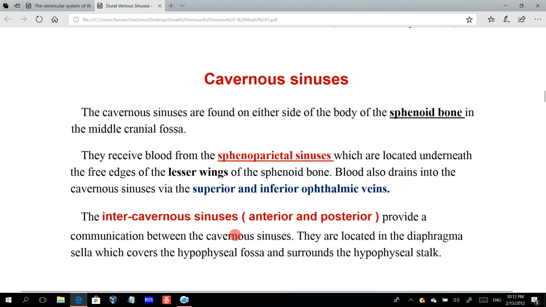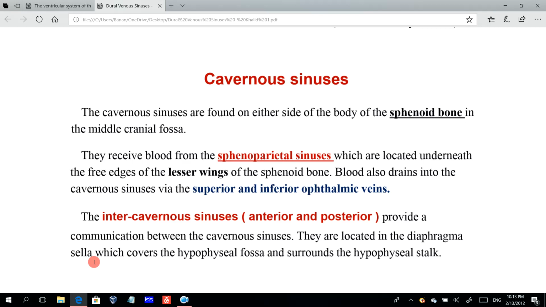These anterior and posterior sinuses are located in the diaphragma sellae. You know, the diaphragma sellae is the fourth membranous extension of the dura. We have the falx cerebelli, the tentorium, and lastly the diaphragma sellae. All these are membranous extensions of the dura mater.